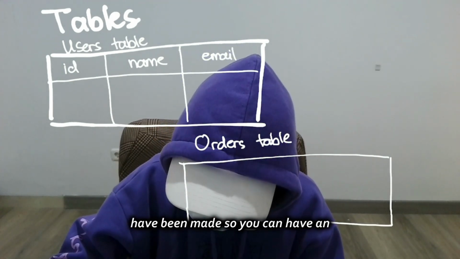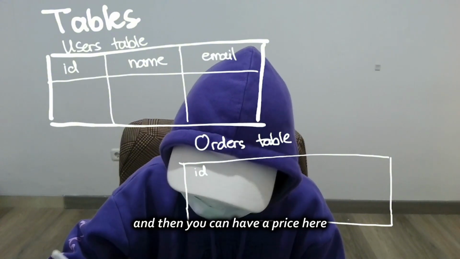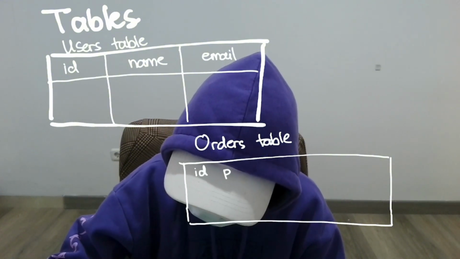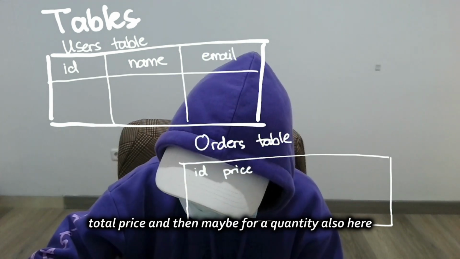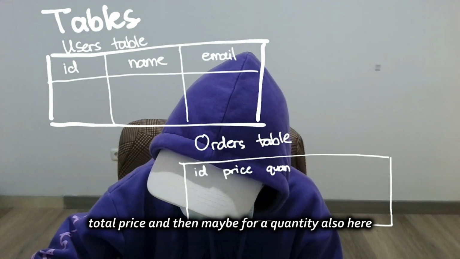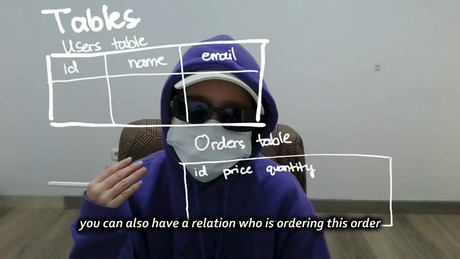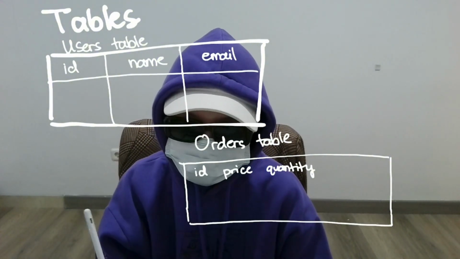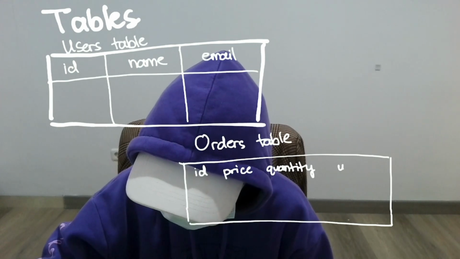So you can have an order ID here, and then a price, total price, and then maybe a quantity also. You can also have a relation showing who is making this order. Actually, you can have the user ID.